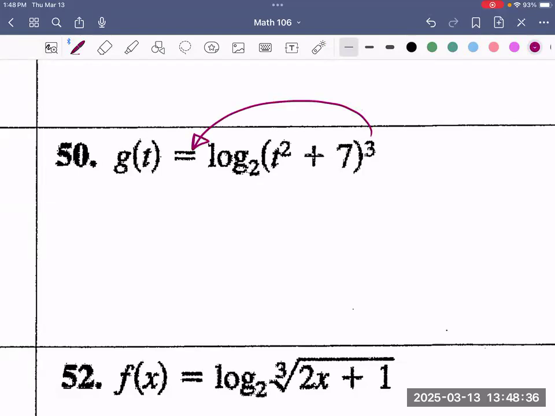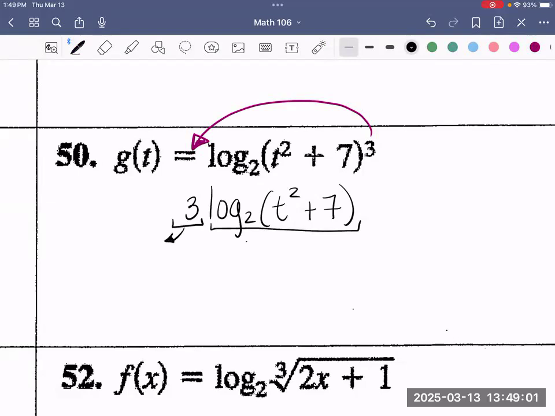They're going to bring their 3 down in front of your logarithm. And this is just using the property of logarithm. So we're not, in fact, using your derivative quite yet, right? We're just going to put it right in front. And now what we're going to do is keep this out here and then derive this inside portion here.